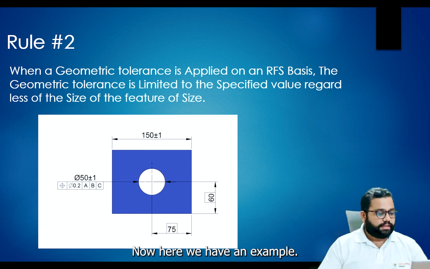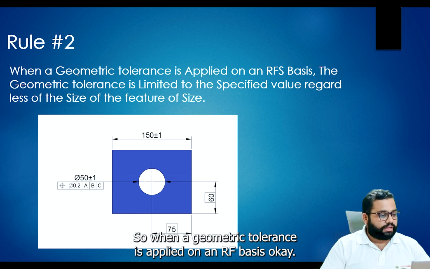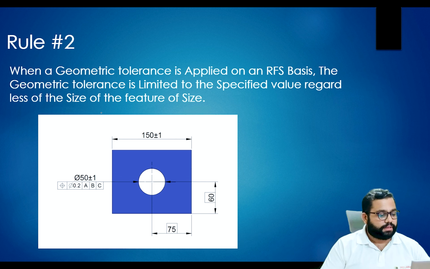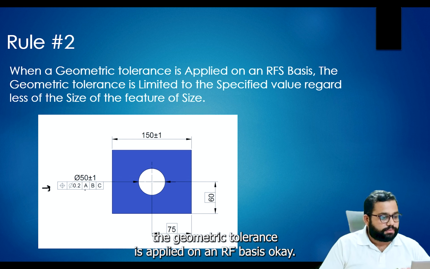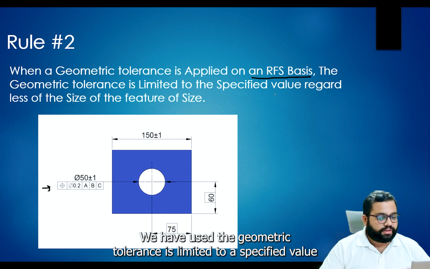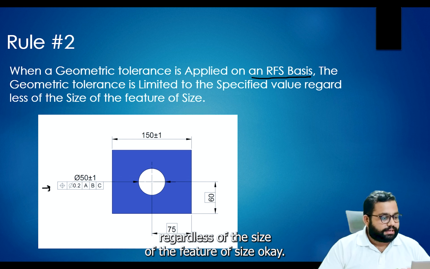Now here we have an example of a geometric tolerance applied on an RFS basis. This is a feature control frame, and in it the geometric tolerance is applied on an RFS basis, so there is no modifier used. The geometric tolerance is limited to a specified value regardless of the size of the feature of size.